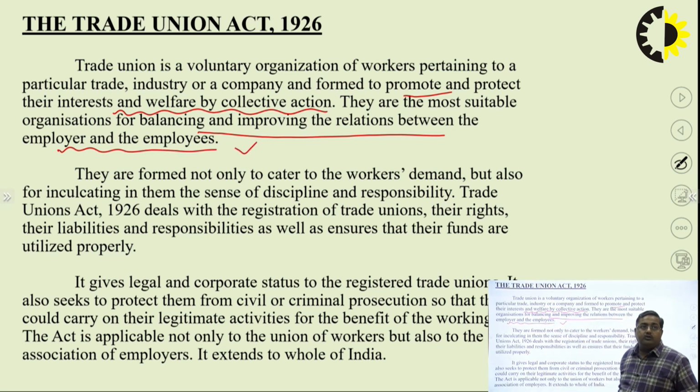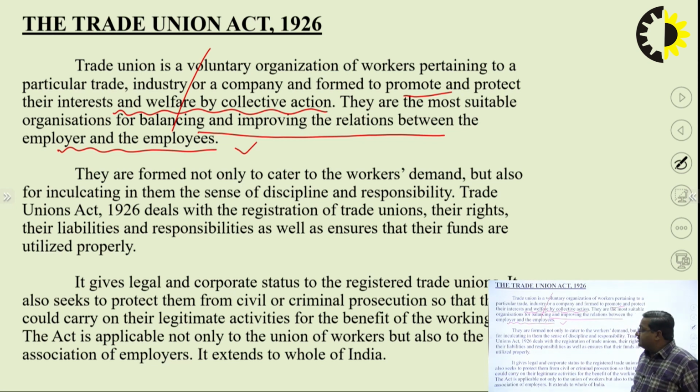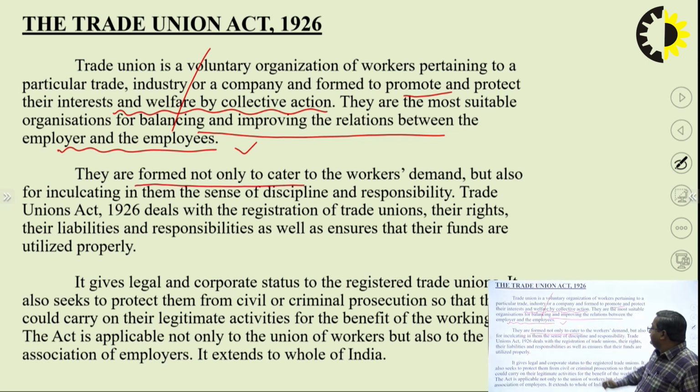This is important to understand: why are trade unions formed? They are formed not only to cater to the workers' demands, but also for inculcating in them a sense of discipline and responsibility, which defines the avenues of growth, development and sustainability of the organization and people at large.